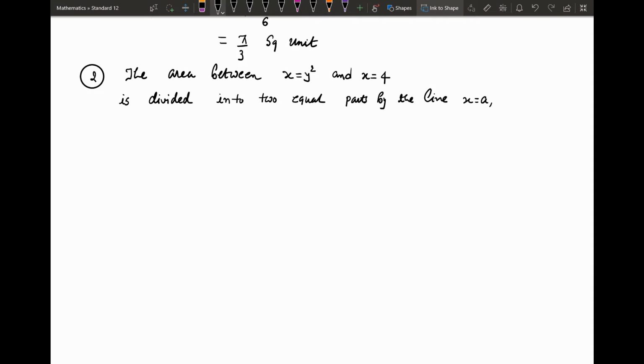Again, the area between x equal to y square and x equal to 4 is divided into 2 equal parts by the line x equal to a. Find the value of a.